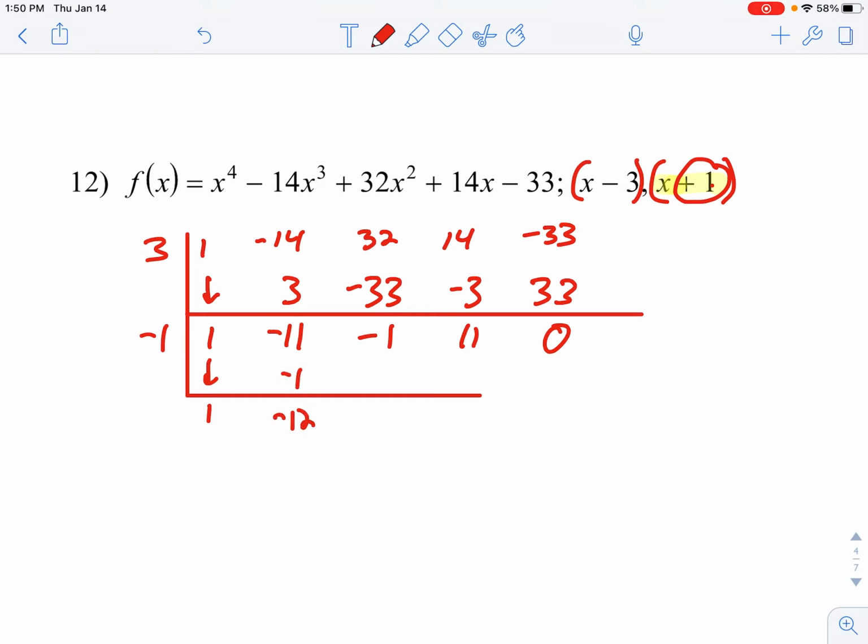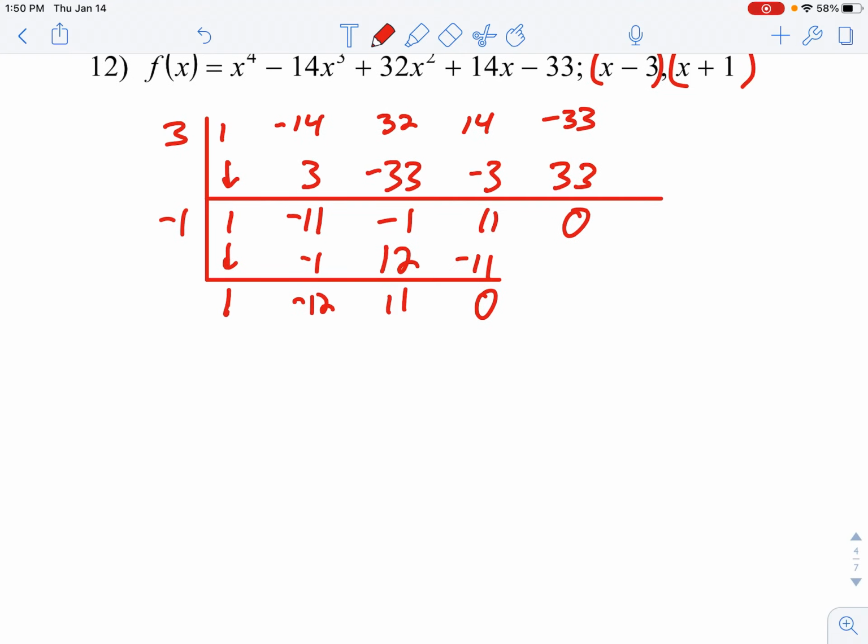Add, you get negative 12. Multiply negative 1 times negative 12 is positive 12. Add, negative 1 plus 12 is positive 11. Multiply negative 1 times 11 is negative 11. And again, we get a 0 remainder, which verifies that this second factor over here actually works.